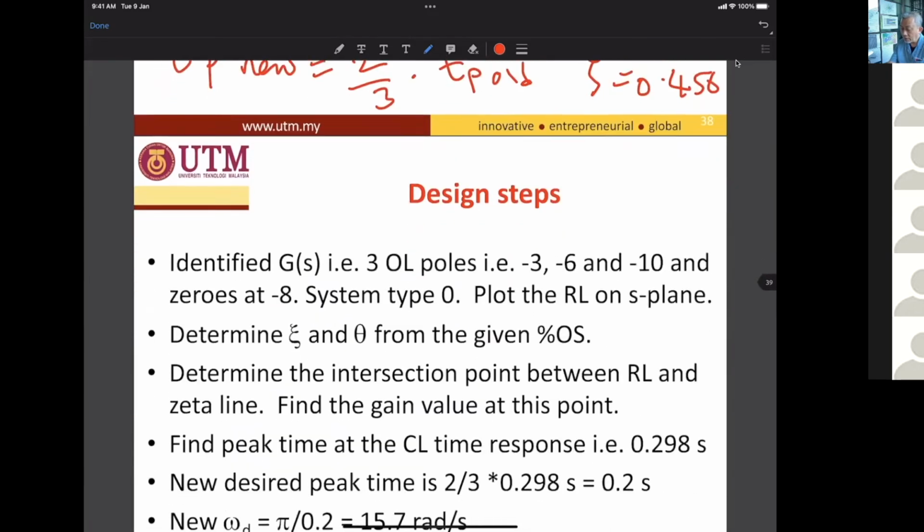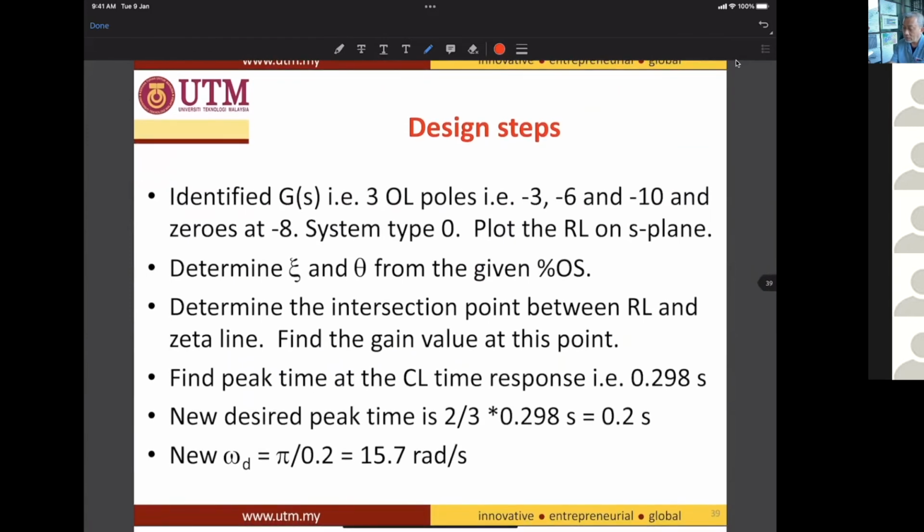So identify G(S), which is 3 open loop poles, -3, -6, and -10, zero at -8. System type 0. Okay, so kalau type 0, confirm pakai KP for the position error constant, and the error is 1/(1 + KP).